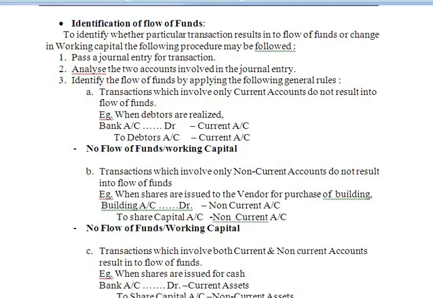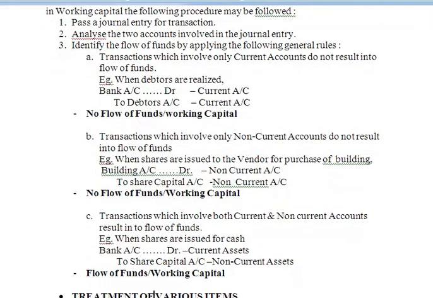The third rule is C. Transactions which involve both current and non-current accounts result in flow of funds. For example, when shares are issued for cash, the journal entry will be bank account debit to share capital account. Okay, now here the first one is bank account, which is a current account.